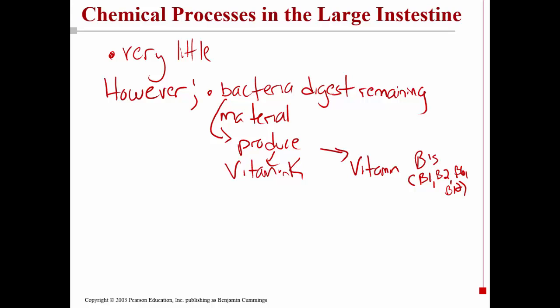We give them a place to live, and we give them food, and they give us vitamin K and vitamin B. Now, you might remember that vitamin K is needed for clotting. And the B vitamins are needed for maturation of red blood cells. So I'm just going to write red blood cells.